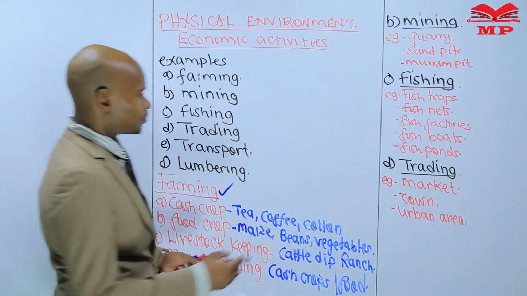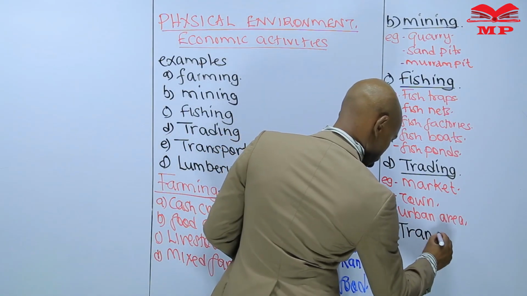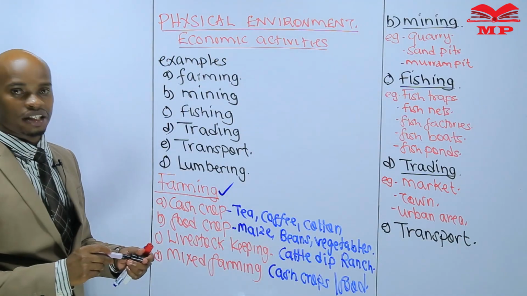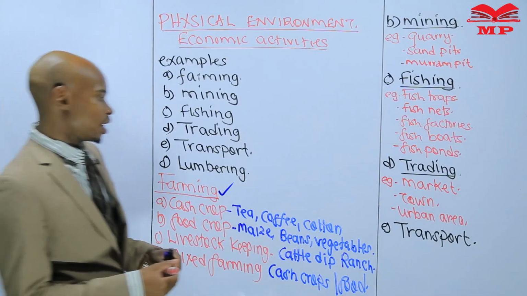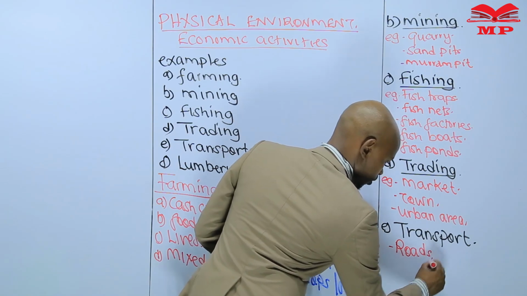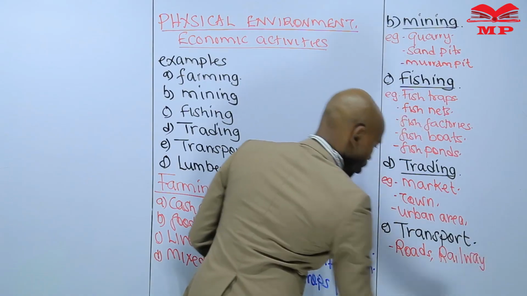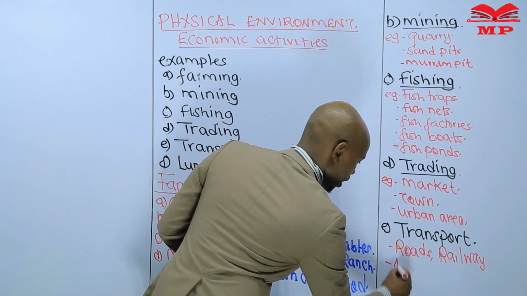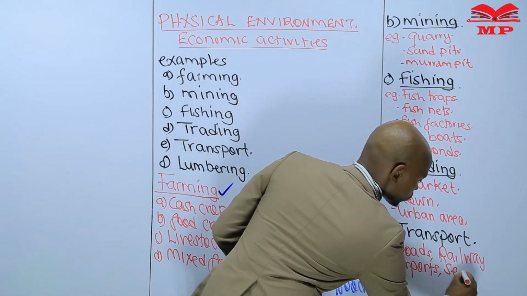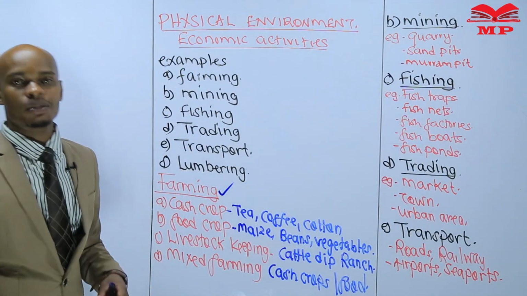We have transport. What are some of the things that will tell us that there is transport in the map? The transport modes such as roads, railways, airports, or seaports mean there is transport.